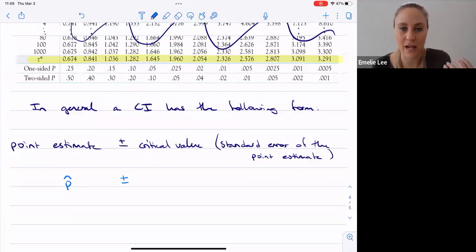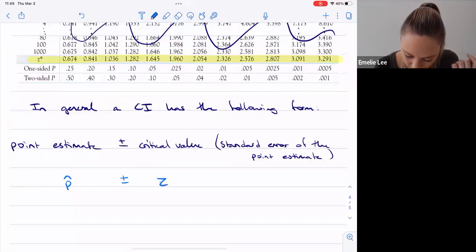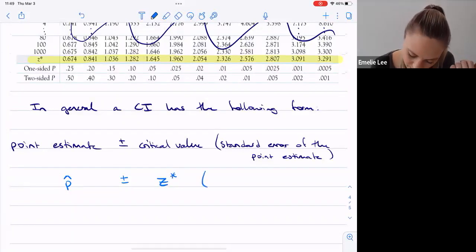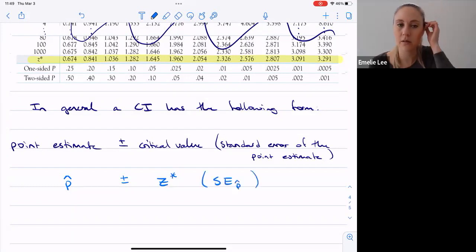And the critical value that we use is what we call Z star. And the standard error of the point estimate, we can just denote it by this for now, right? But we also remember what it is, right? It's the square root of p hat q hat over n.